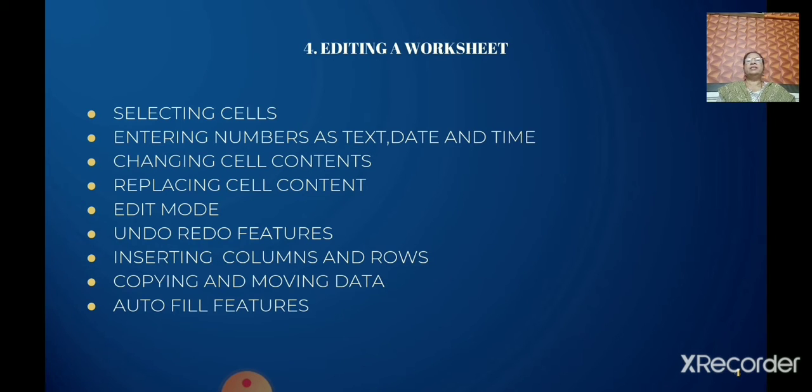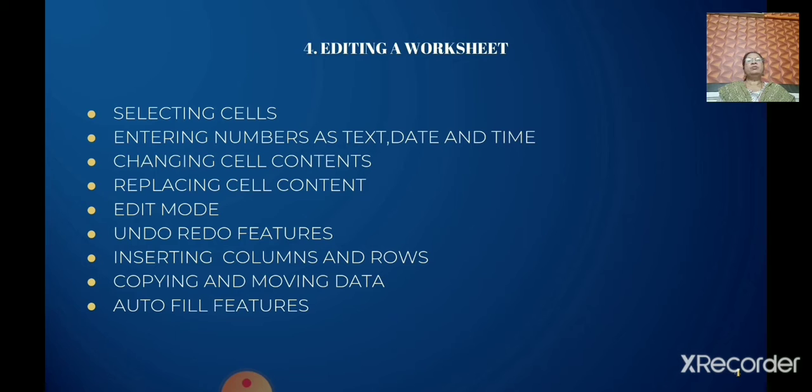We have learned replacing text, editing mode, and the undo and redo features. After making a modification in a cell, you may wish to cancel the changes. You realize you don't want to change that particular cell, so you can retrieve the previous data.